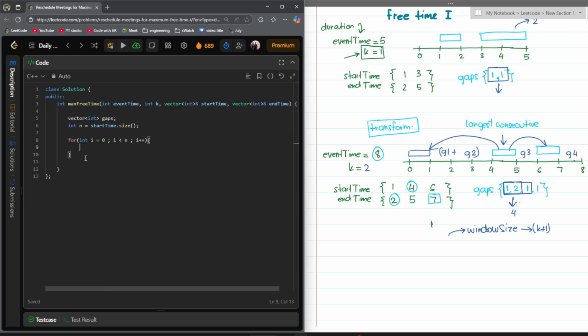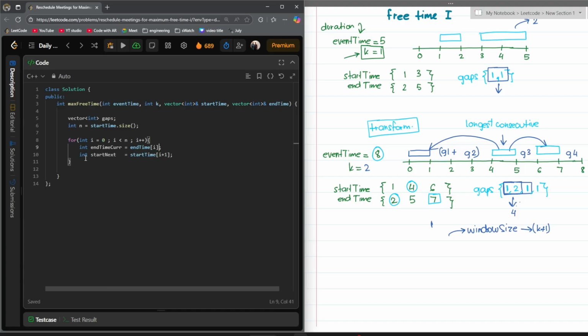I need to see what the ending time of the current event is, right? So I can say integer end time of current event is going to be equal to end time of i, and int start of next event is going to be equal to start time of i plus 1.